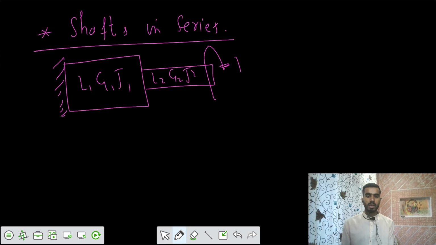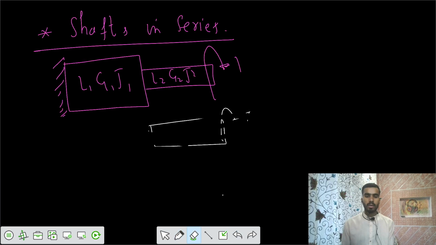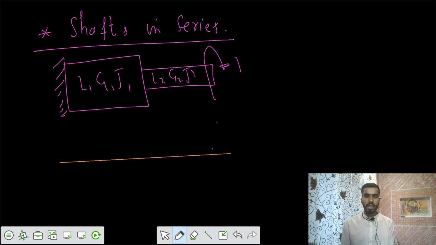Let's make the line diagram first, then it becomes easier. You're applying a T here, and you use the right hand thumb rule.